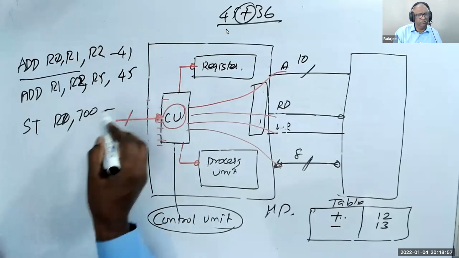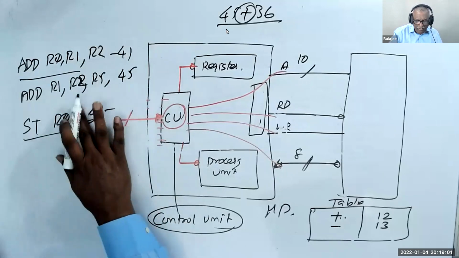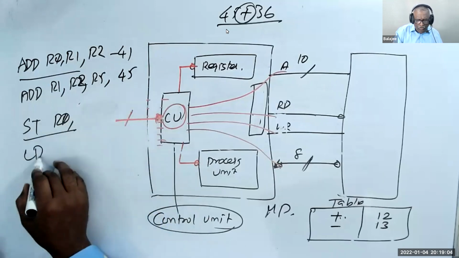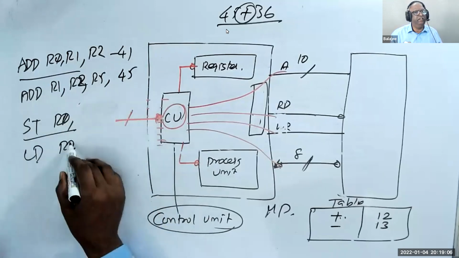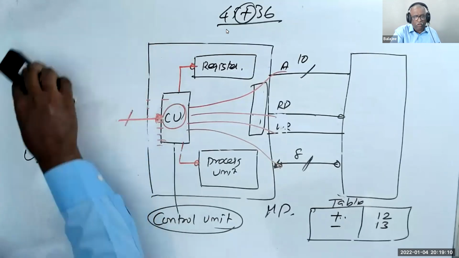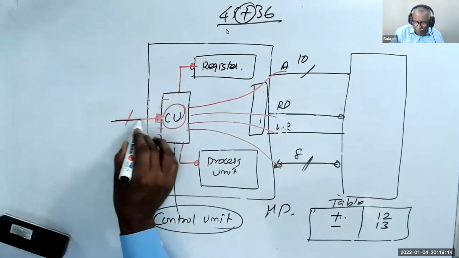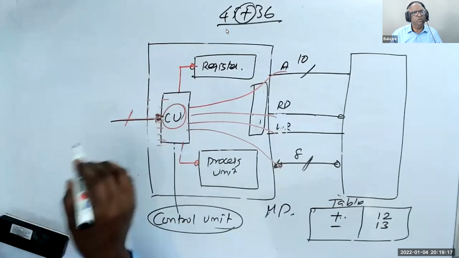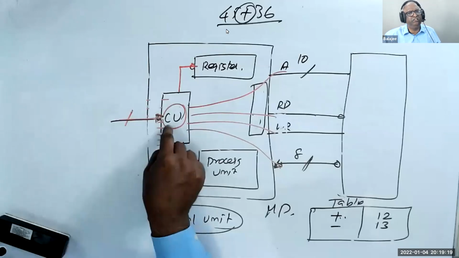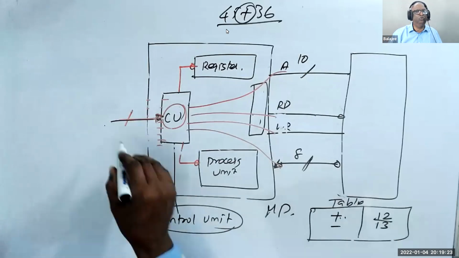There is a number for store R0, but for 700 there is no number. When I say load R0, there is a number. Understand? So for every activity there is a number. That number has to be given to him. The moment you give the number, he will do it. If you tell him 12, he knows what to do.